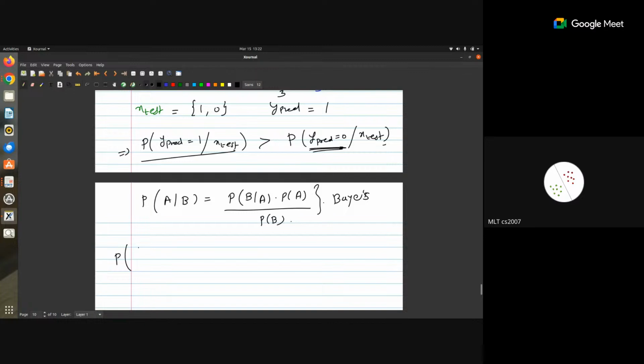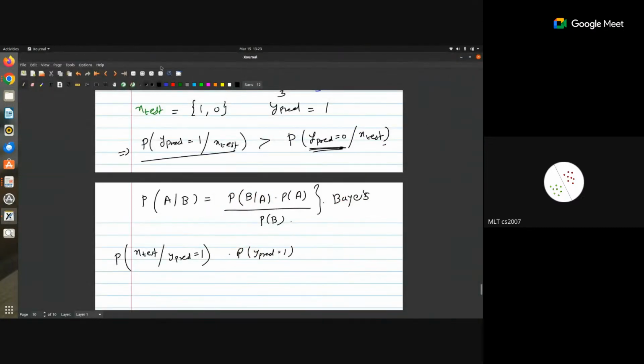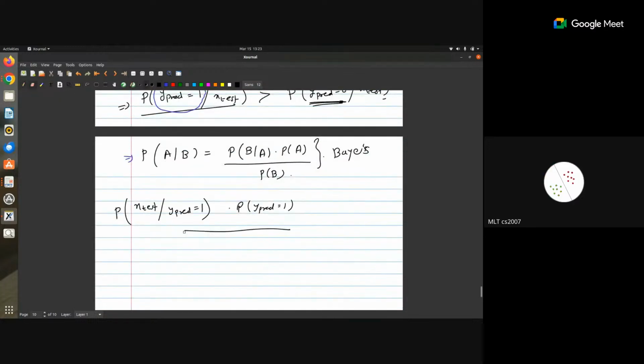Probability of y prediction equal to 1 given x test is x test given y prediction equal to 1, into probability of y prediction equal to 1, divided by probability of x test. We consider this as A and the other one as B. Is that correct now?